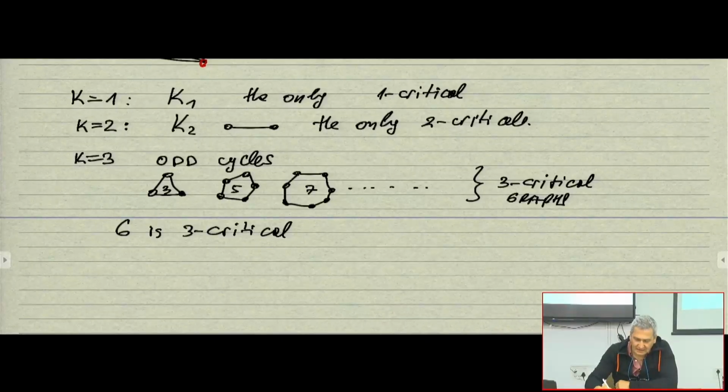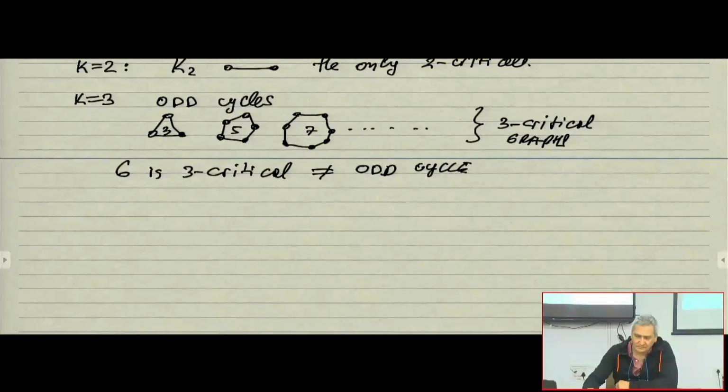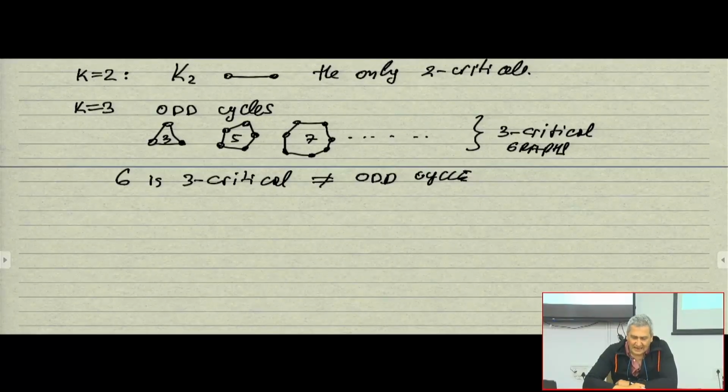Let's say G is a 3-critical graph, and G is not an odd cycle. But what does it mean?